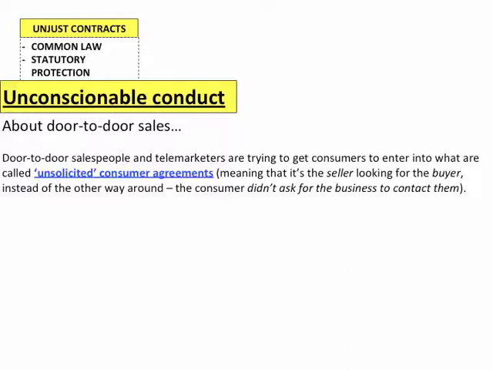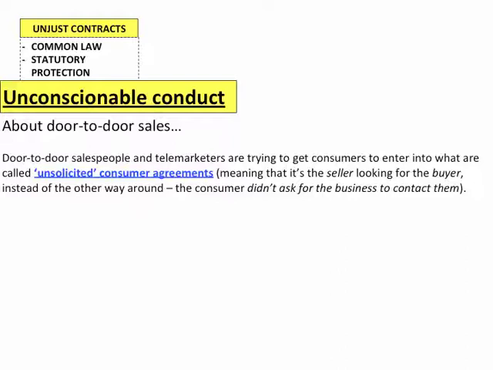When you go to Westfield, you are a buyer going after a seller, going to seek out a seller in order to buy something from them. Those consumer agreements are solicited. You've asked for them. You went in the shop and you asked, I want to buy this. Unsolicited consumer agreements are door-to-door sales and telemarketers, right?